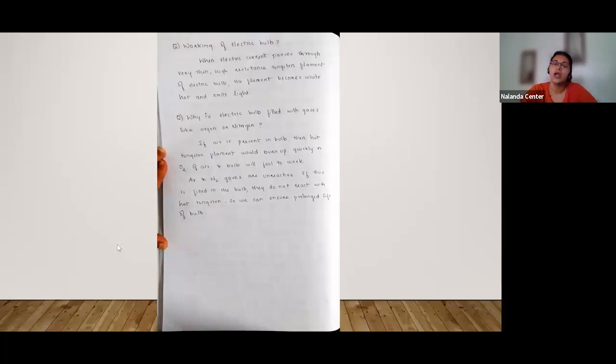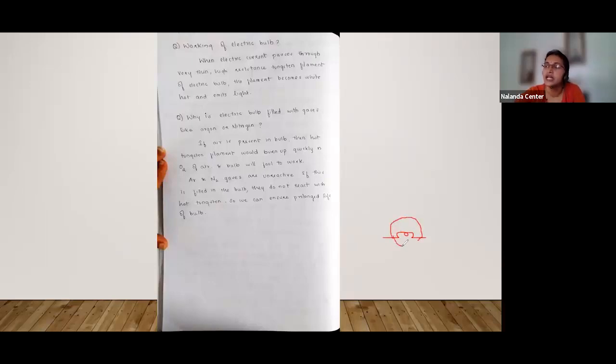Okay, how does the electric bulb work? When current passes through the thin filament of tungsten, tungsten gets heated up, and because of which it becomes white hot and starts emitting light. But the disadvantage is that a lot of energy is wasted as heat energy. Now, another thing is the electric bulb is generally filled with inert gases.